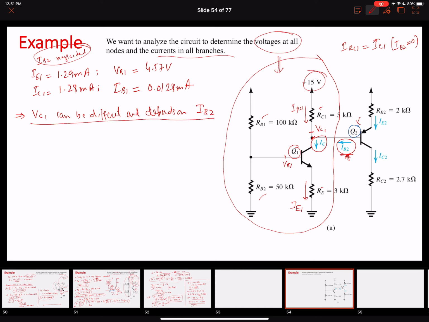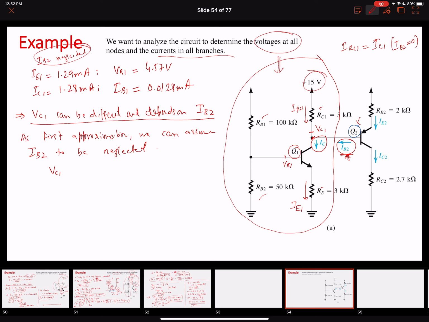However, as a first approximation, we can assume IB2 to be neglected, right? When we neglect IB2, then our VC1 value is essentially the same as what we solved in the last circuit.